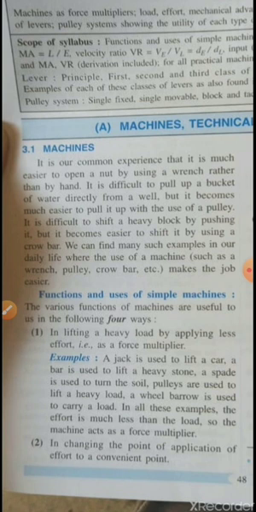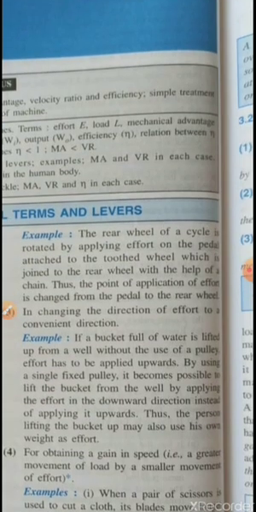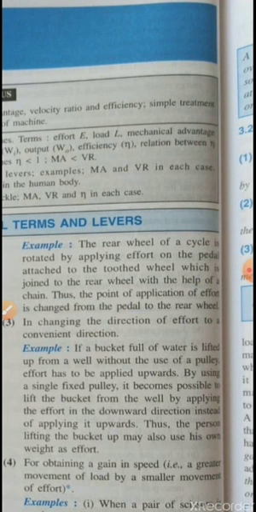Next one, changing the point of application of the effort to a convenient point. Look at an example here, that is nothing but your bicycle. In your bicycle, generally we apply the effort on our pedal. But actually what is moving over there?